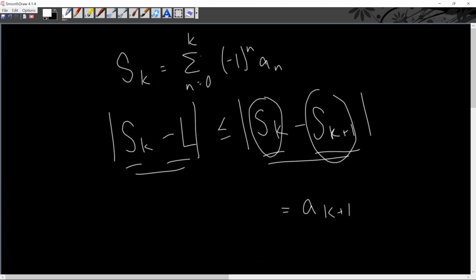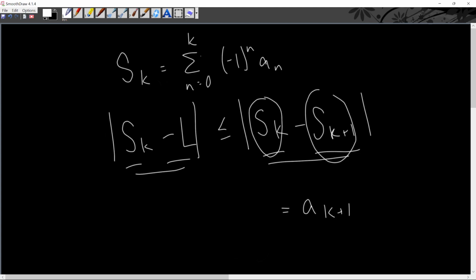So if you're summing up to k and you're trying to see the distance between the limit and the partial sum that you've calculated, you just set an inequality less than or equal to the term that comes immediately after it. Like, that's really cool. And it kind of blew my mind when I saw it.